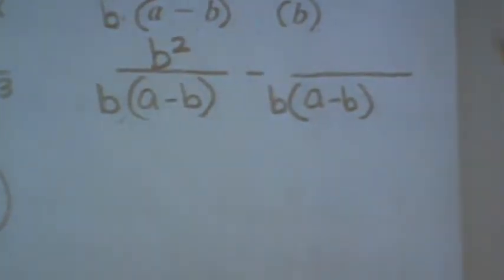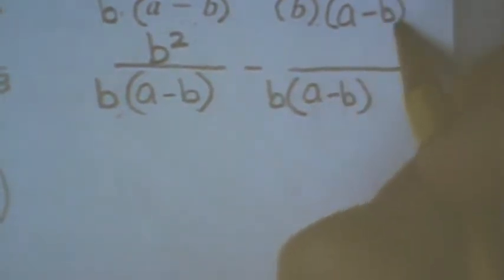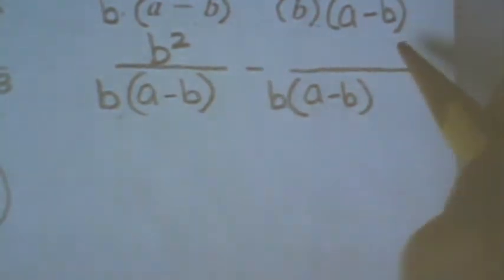So what are you going to multiply both of these by? We have the A minus B right here. What's missing? The B. So if you multiply this by B and this by B, what's B times B? B squared. Good. Now this one, you've got your B, what's missing? A minus B. So you're gonna multiply by A minus B.